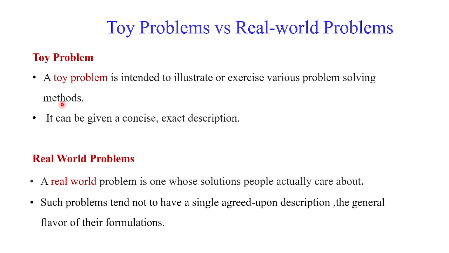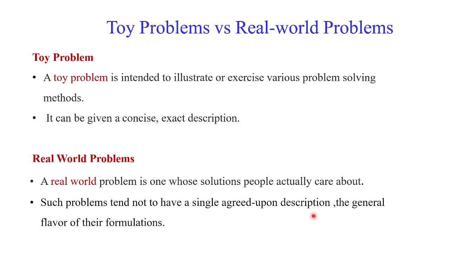When you talk about real world problems, these are problems whose solutions people actually care about. Think about real world problems like scheduling airlines, diagnosing diseases, navigating a self driving car. These problems tend not to have a single agreed upon description.